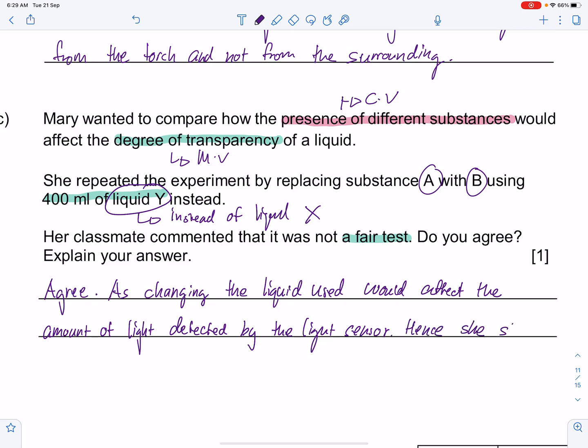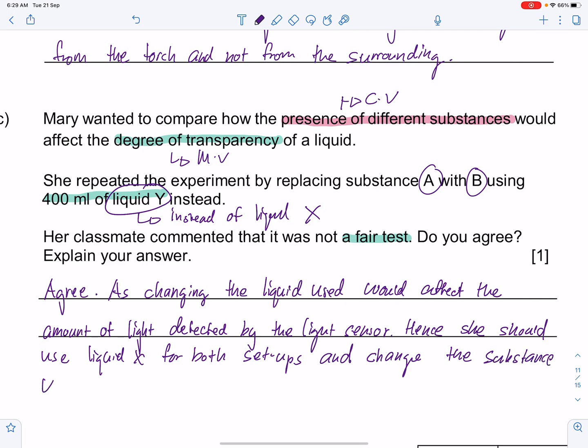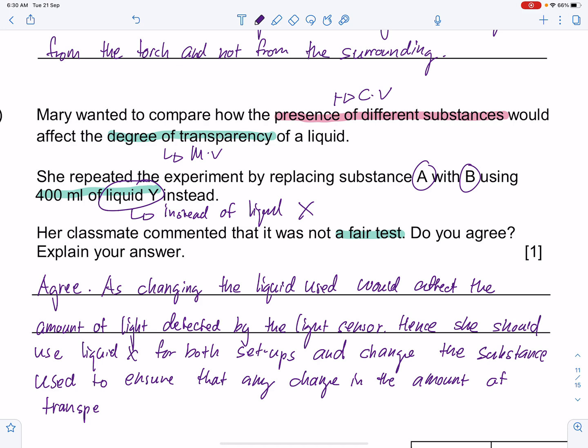Hence, she should use liquid X for both setups and change the substance used to ensure that any change in the amount of transparency is due solely to the different types of substances.